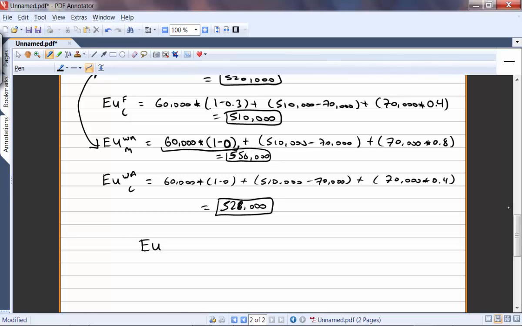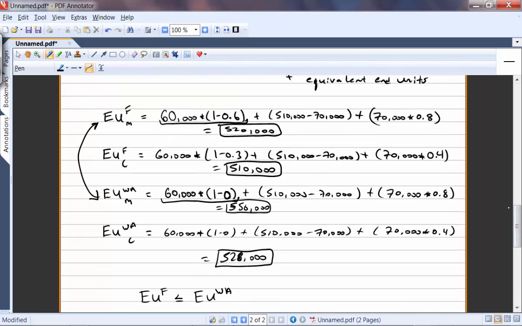The equivalent units under FIFO, whether it's for materials or conversion, is always less than or equal to the equivalent units under weighted average. And this inequality becomes an equality, in other words, they're equal, whenever the units in the beginning inventory truly are 0% done. Right? Because then we would put a 0 here. If they truly are 0% done.